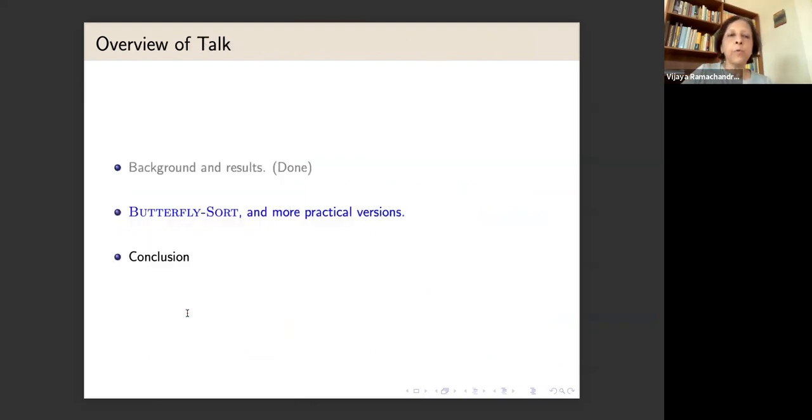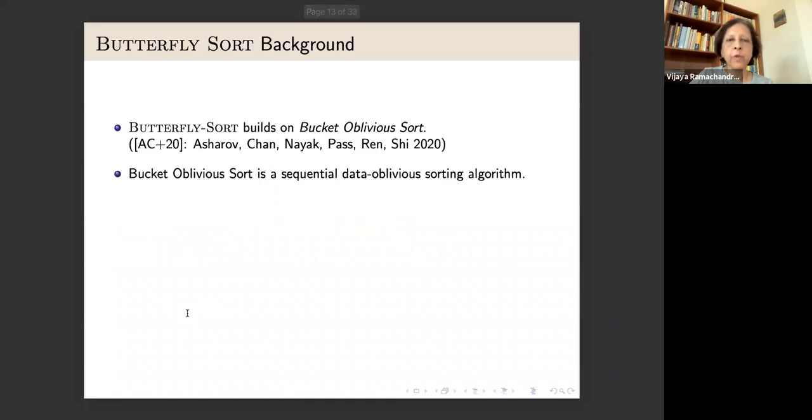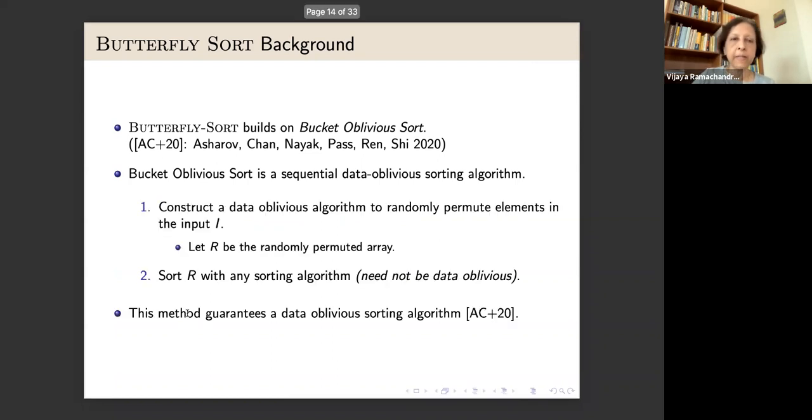So now I will move on to our butterfly sort and some more practical versions. Butterfly sort is based on an earlier sequential data oblivious sorting algorithm called bucket oblivious sort. It has a simple structure, and so does butterfly sort, since it follows the same structure.